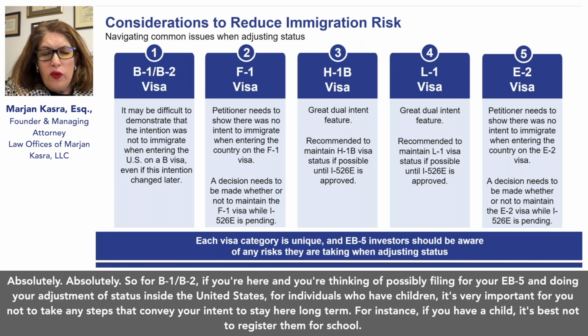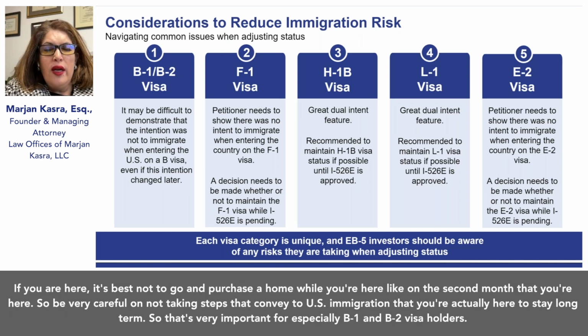Absolutely. So for B1, B2, if you're here and you're thinking of possibly filing for your EB-5 and doing your adjustment of status inside the United States, for individuals who have children, it's very important for you not to take any steps that convey your intent to stay here long term. For instance, if you have a child, it's best not to register them for school.